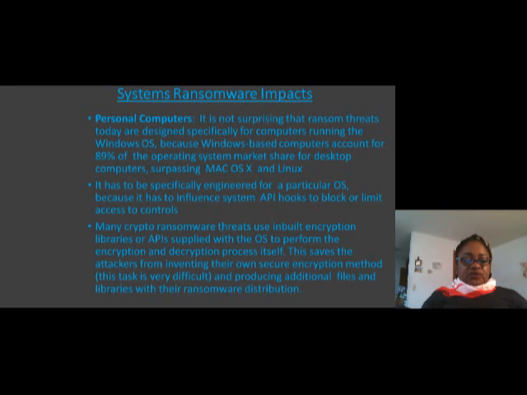Many crypto ransomware threats use inbuilt encryption libraries or APIs supplied by the operating system to perform the encryption and decryption process itself. This saves the attackers from inventing their own secure encryption method, which is a very difficult task, and from producing additional files and libraries to distribute with the ransomware.